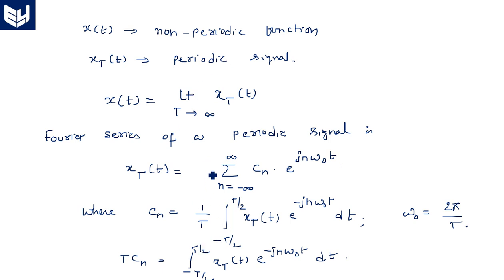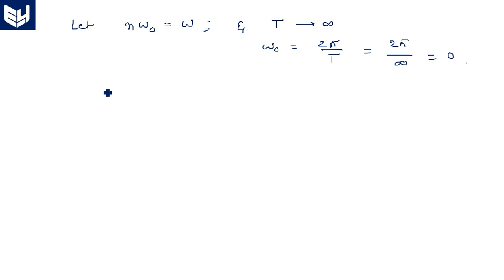Now substitute that in this equation, make T tend to infinity, and n omega naught becomes omega. Then what happens? T C_n is equal to limit T tends to infinity integral minus T by 2 to T by 2 x_T of t e power minus j omega t dt.